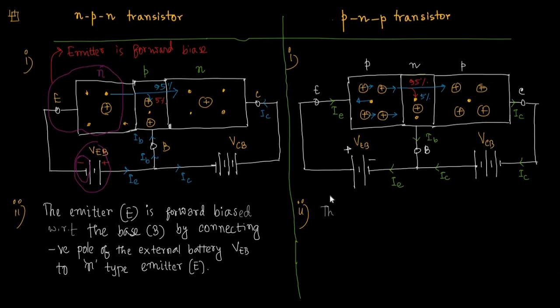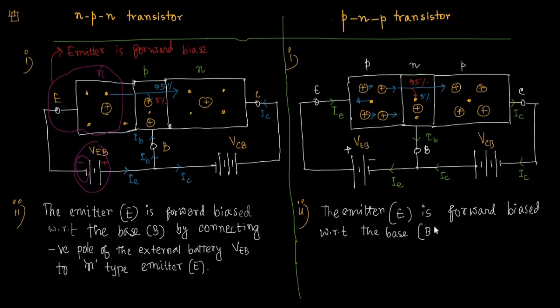On the right hand side, p-type emitter E is also forward biased with respect to base B by connecting the positive pole of the external battery of EMF VEB to p-type emitter.